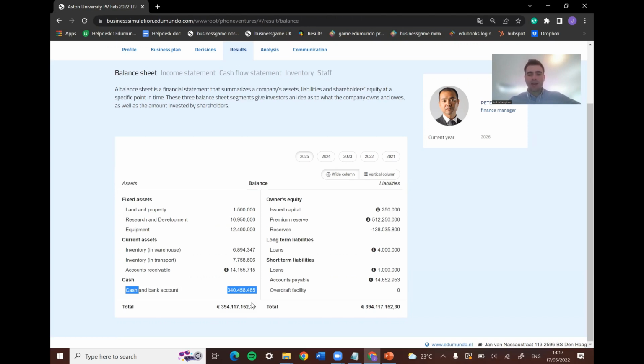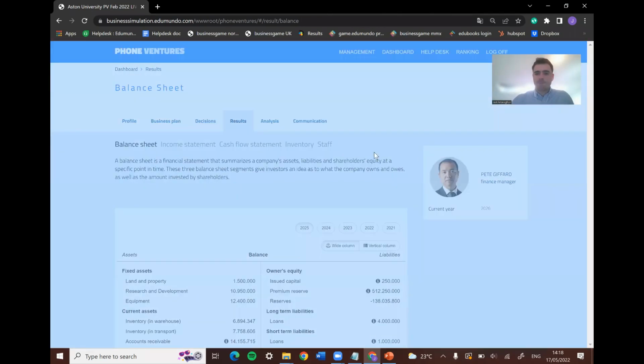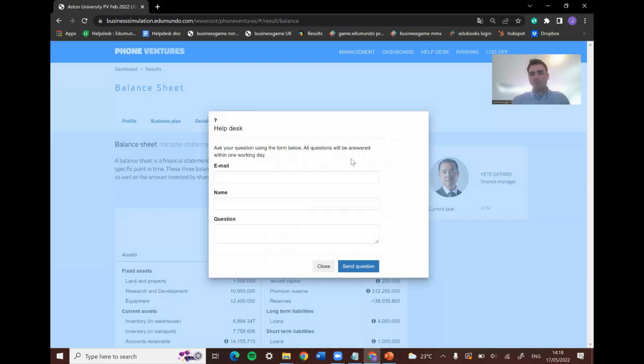However, if your cash reaches 0 and your reserves are in a very negative position, you're probably bankrupt. The bankrupt error will also appear on the analysis tool on the dashboard, and if this does ever happen to your team, do get in touch with our help desk, where we should get back to you within 1 working day.